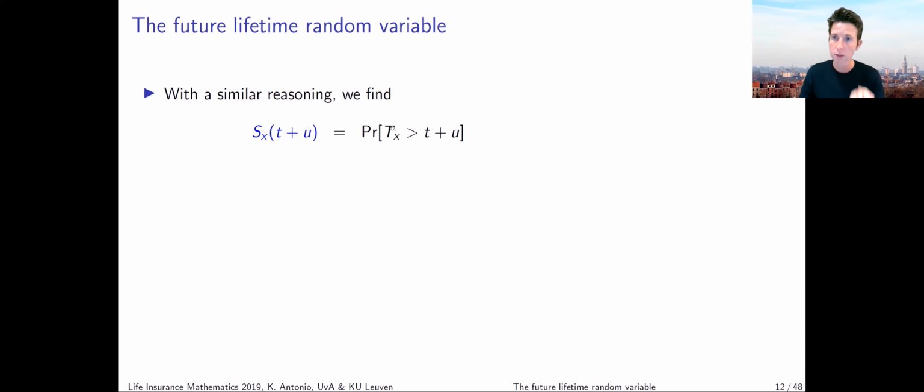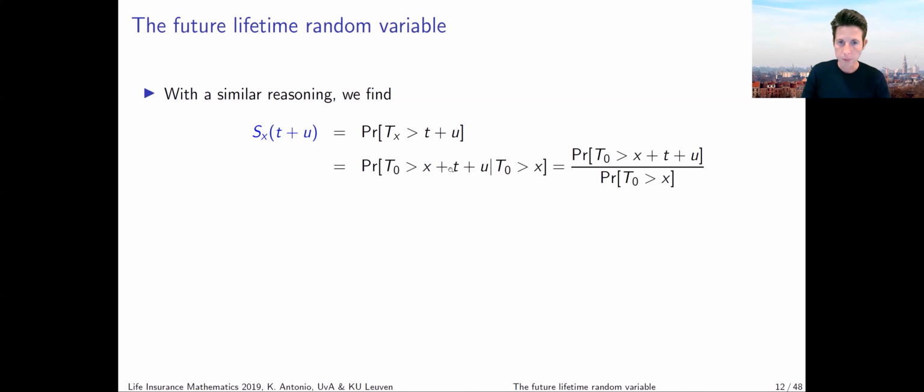It's the probability that my random variable Tx is going to go beyond t plus u, right? What I'm now going to do is use the connection between Tx and T0, which I introduced earlier on. So the probability that Tx is larger than t plus u is the same as the probability that the corresponding 0-year-old is going to reach age x plus t plus u, given that your 0-year-old is going to reach age x, right?